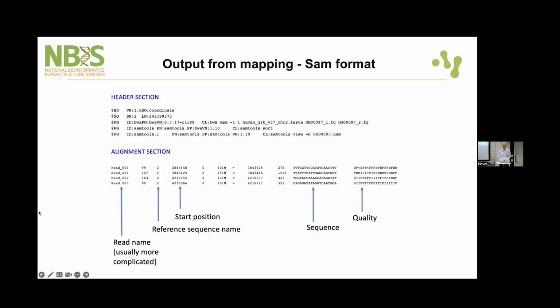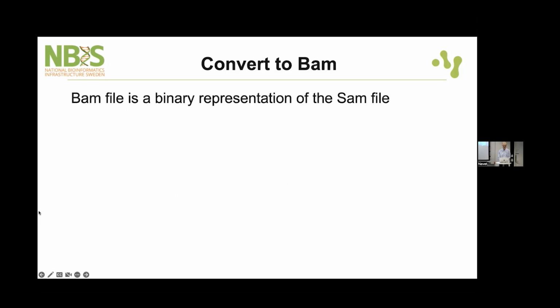In addition, as you can see here, we see the reference sequence name. That's the chromosome to which we have aligned this read, start position, length of the read, end position, and the sequence itself, and the Phred score quality that you would recognize from yesterday. So all of this information is collected in the SAM format.